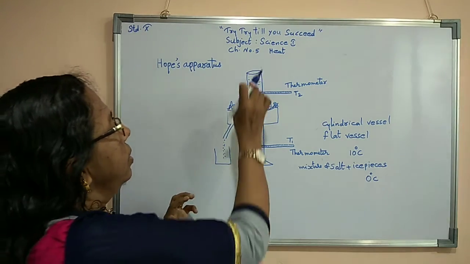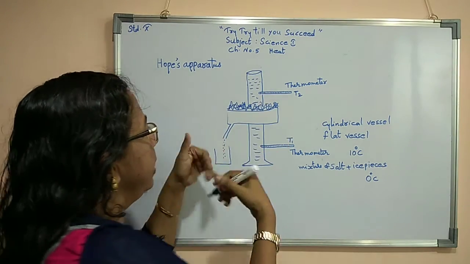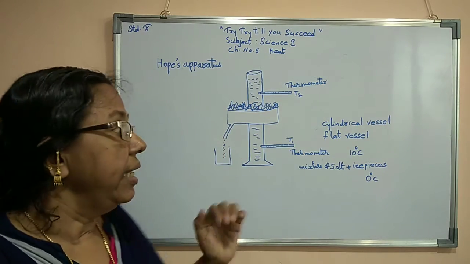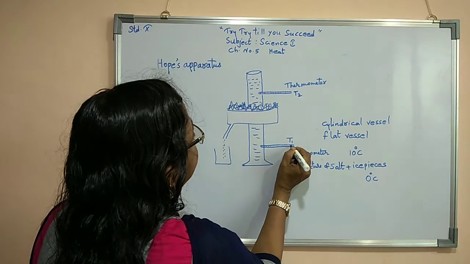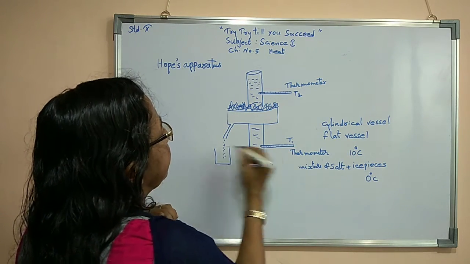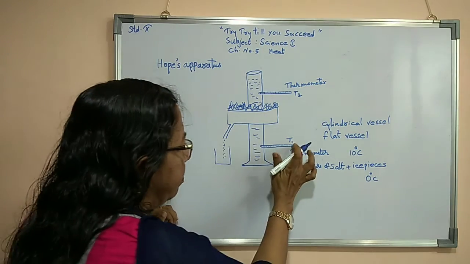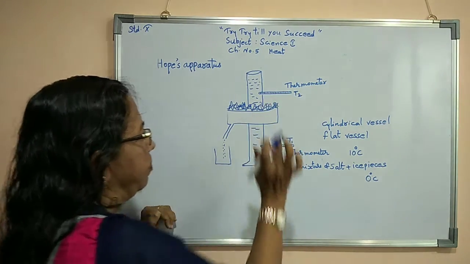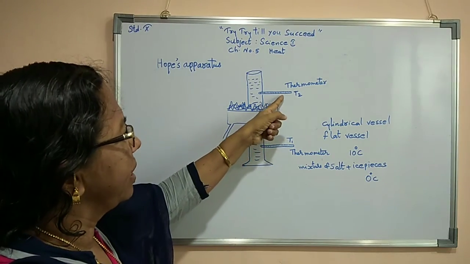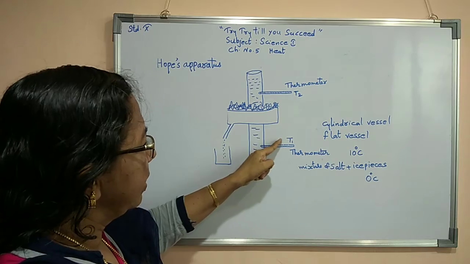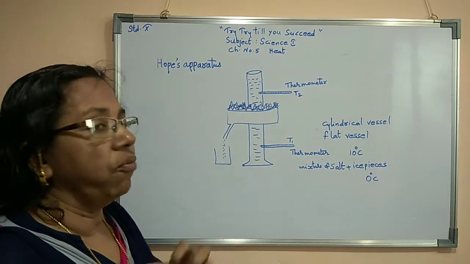Now we can find that within a few seconds, the temperature of the lower thermometer keeps on decreasing. The decrease here will be very fast compared to the upper one. The upper also decreases, but compared to this thermometer, here the temperature decreases very fast.